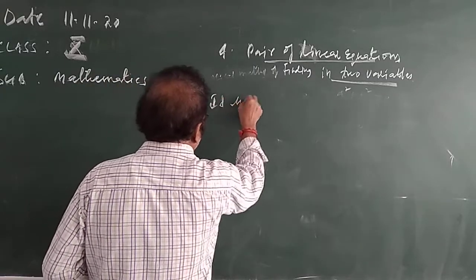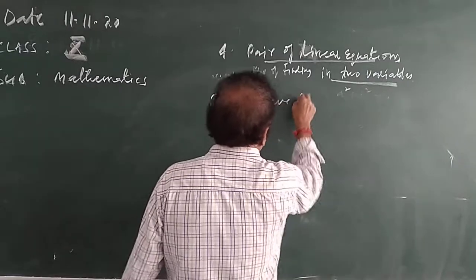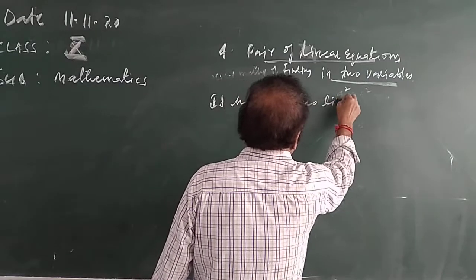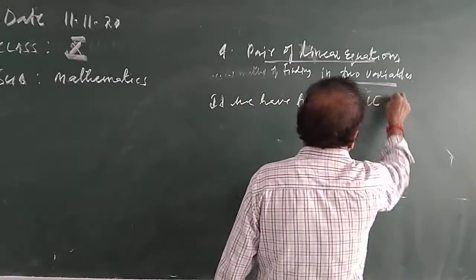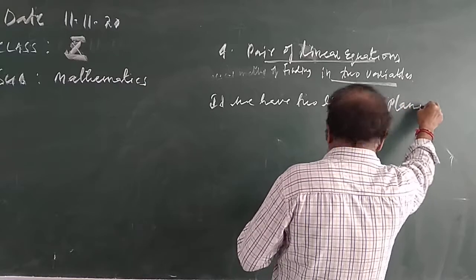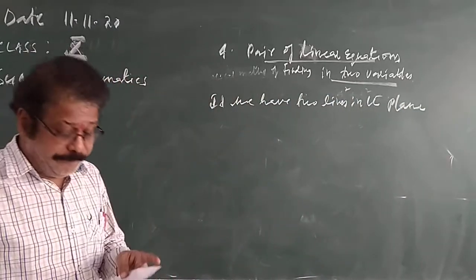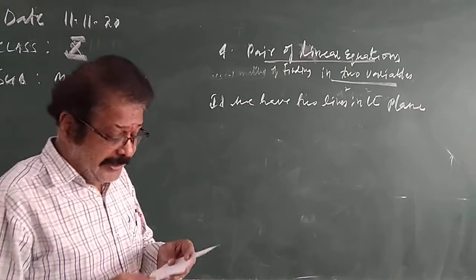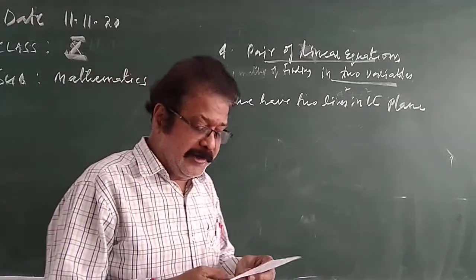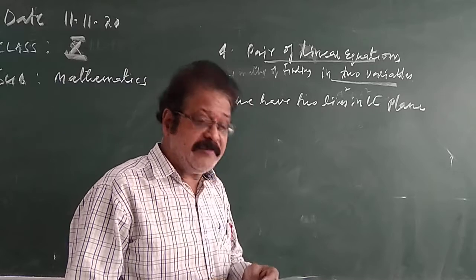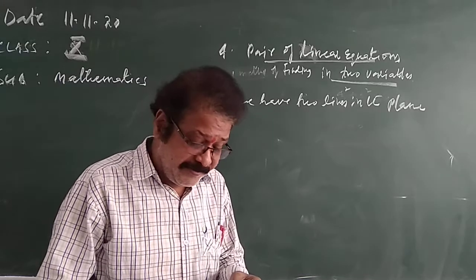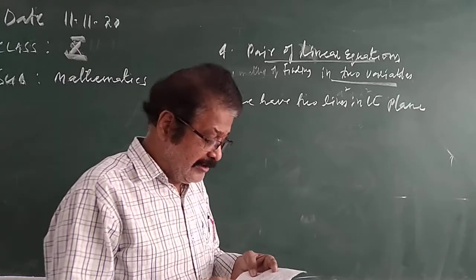If we have two lines in the plane, what can be the possible relations between them? What is the significance of the relation?